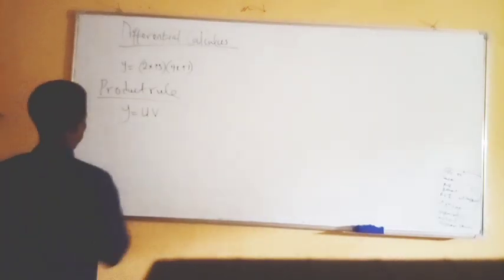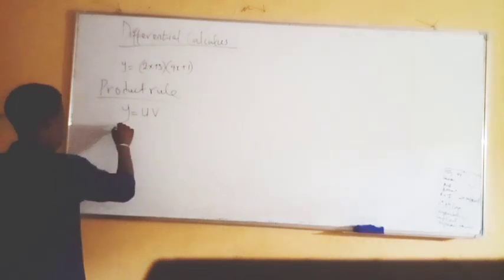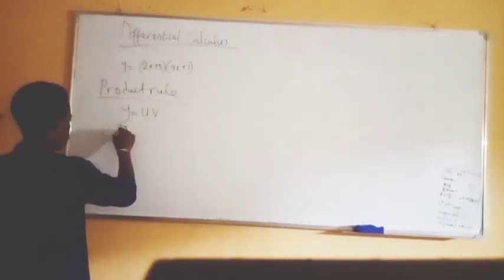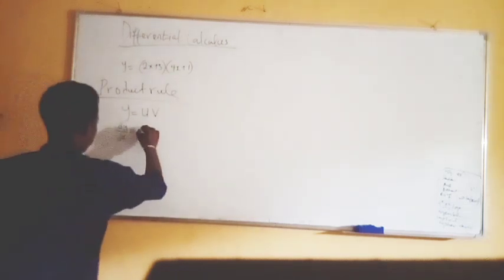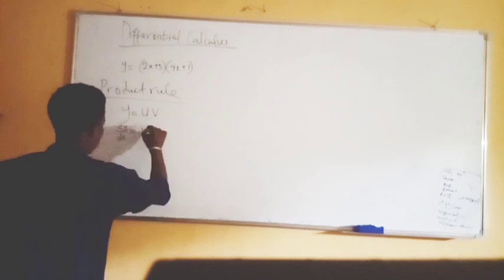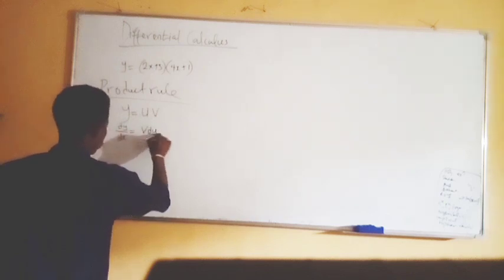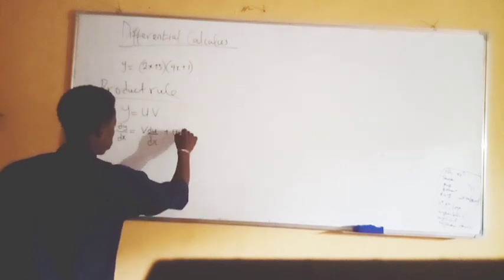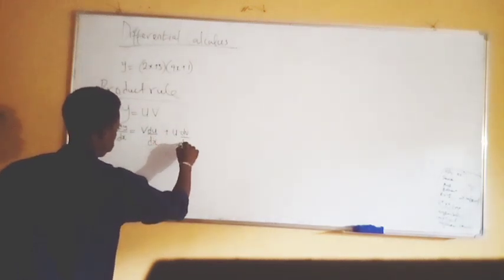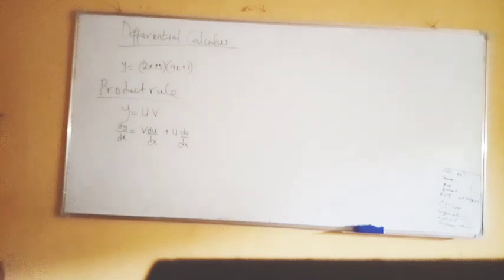Now, we find out that dy dx is given as v multiplying du dx, plus u multiplying dv dx. What does this mean? It means a very simple thing.